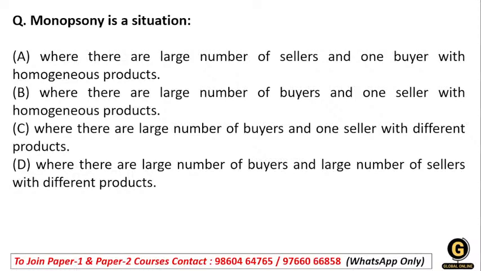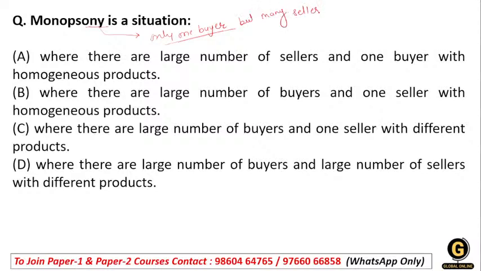Monopsony is a situation. So what about monopsony? First of all, what is a monopsony? Monopsony is when in the market there is only one buyer, but there are many sellers.